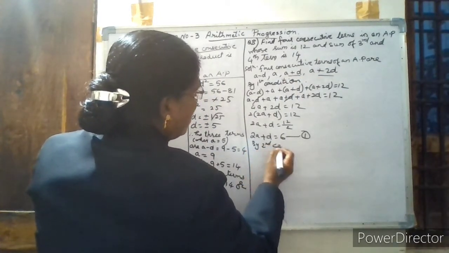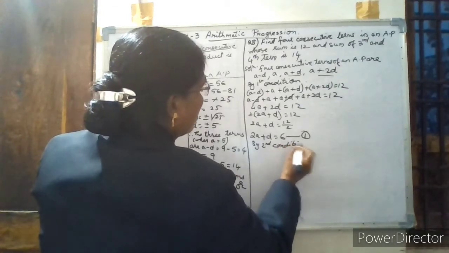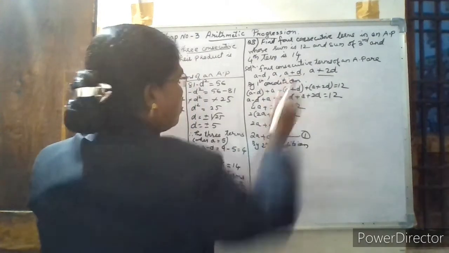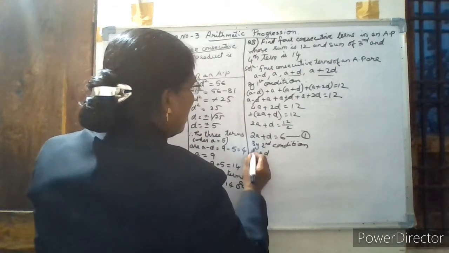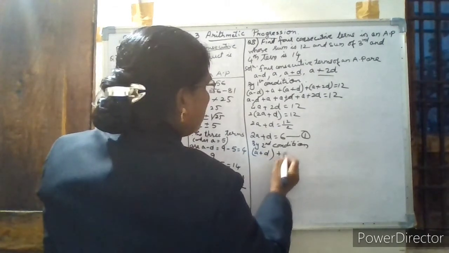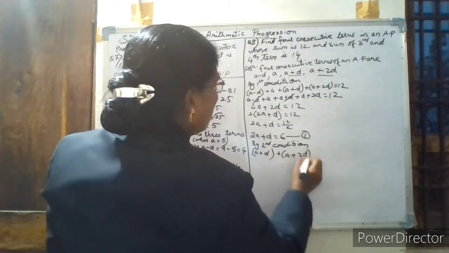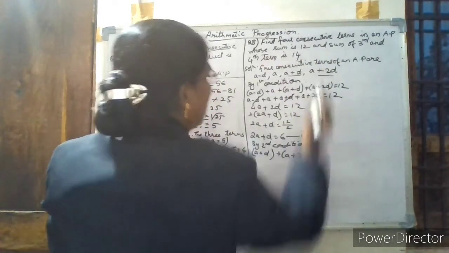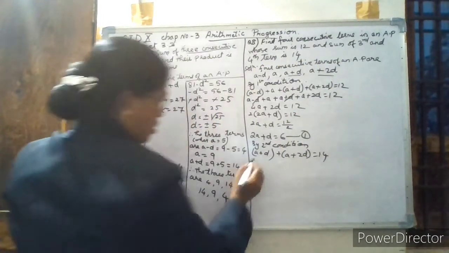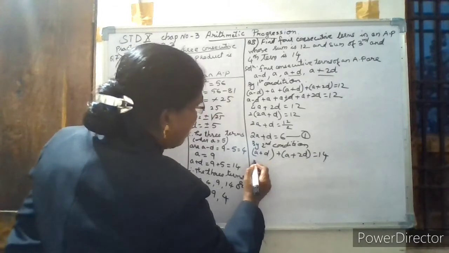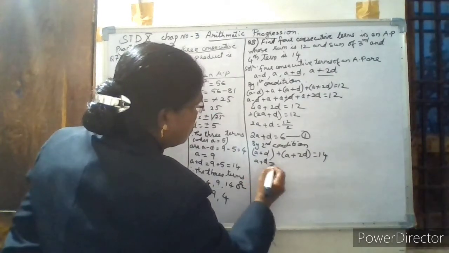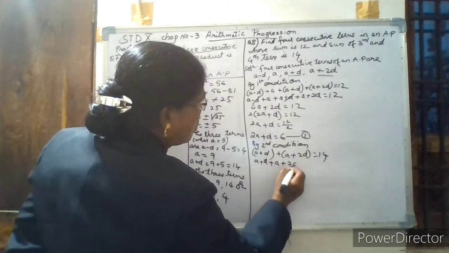we come to here that a plus d plus a plus 2d is equal to 14, given here. So take out the brackets: a plus d plus a plus 2d is equal to 14.